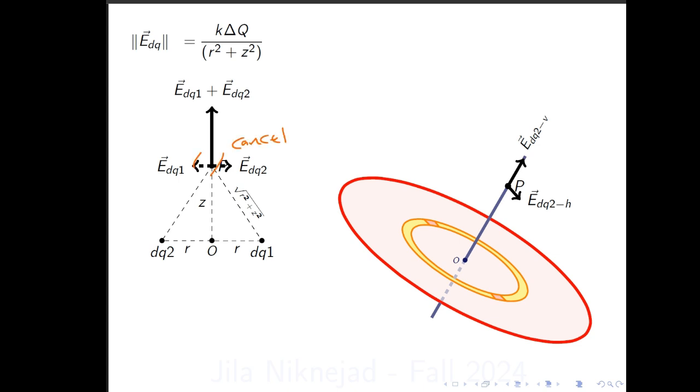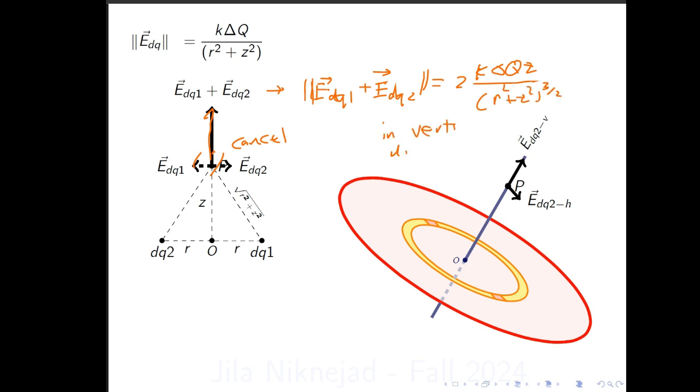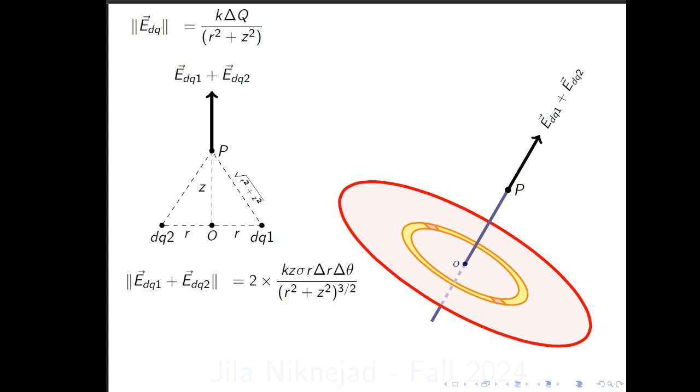And so the horizontal components, pair by pair, cancel each other out. So the sum of the two fields resulting from the two infinitesimal symmetric charges is going to be a vertical vector whose magnitude is equal to twice the magnitude of vertical components of each field.